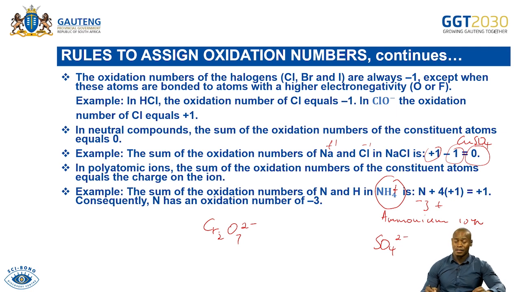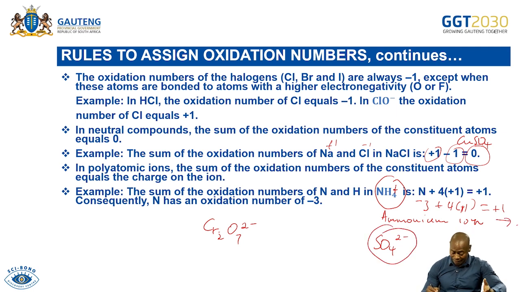The charge is positive 1, but how many hydrogen atoms are there in that ammonium ion? There are 4. So it will be 4 multiplied by positive 1, right? So this actually gives us positive 1, because minus 3 plus 4 gives us plus 1.